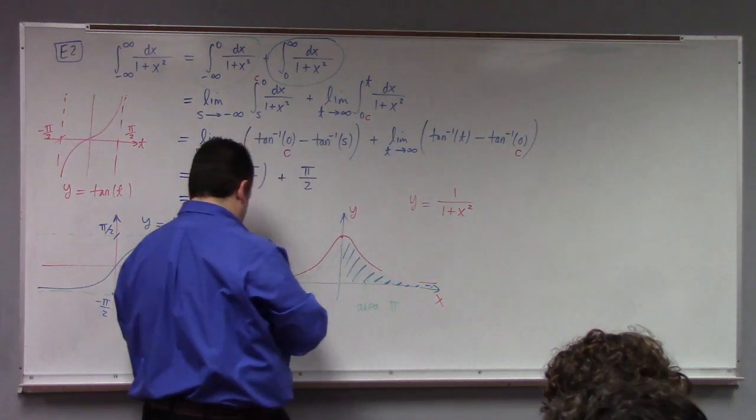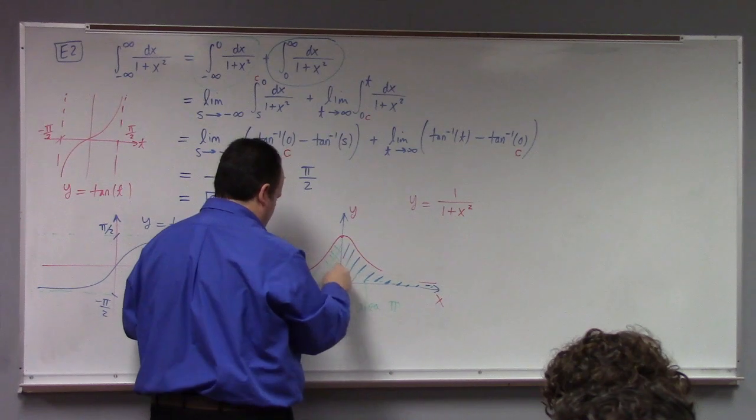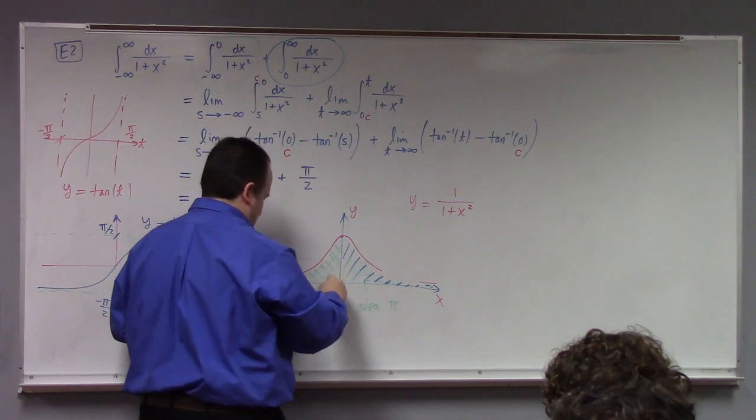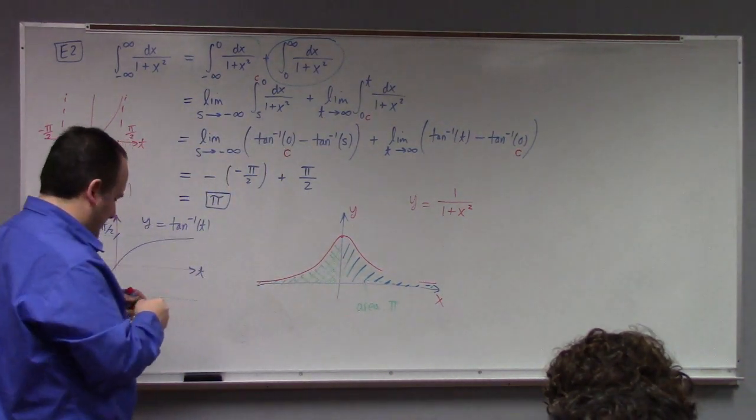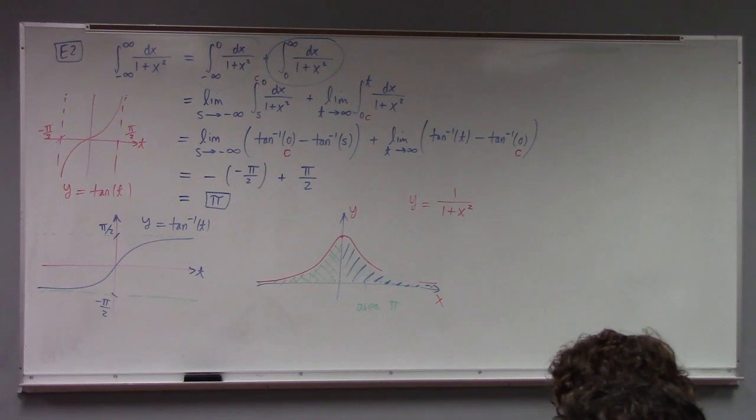Oh, sorry, I really need to get some more markers. I find myself using the Carolina blue; it's distasteful. But anyway, if you split it at 0, you can see that there's pi over 2 area to the left and pi over 2 area to the right, by the symmetry of the problem.